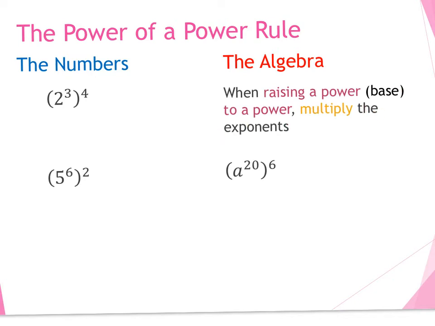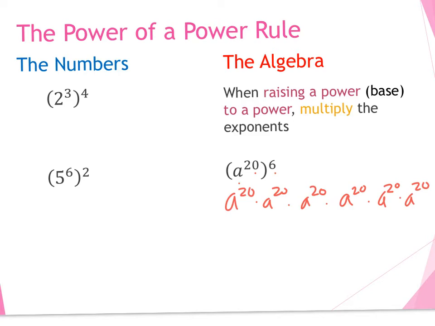And so when we look at a situation like this, we have a to the 20th to the 6th power. In a sense, this is a to the 20th times a to the 20th times a to the 20th times a to the 20th times a to the 20th, and you get the idea as I continue to multiply this 6 times out.